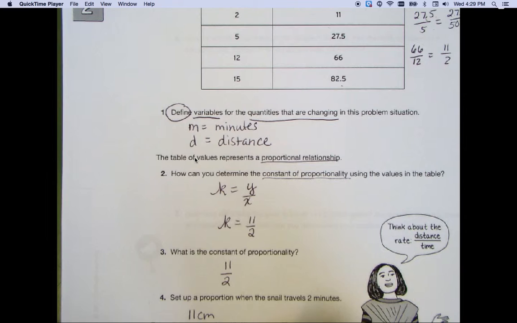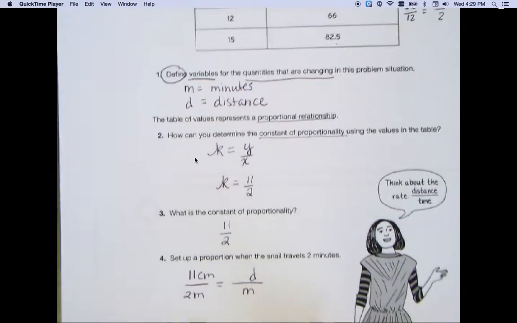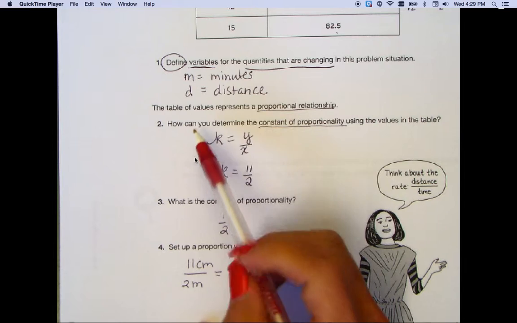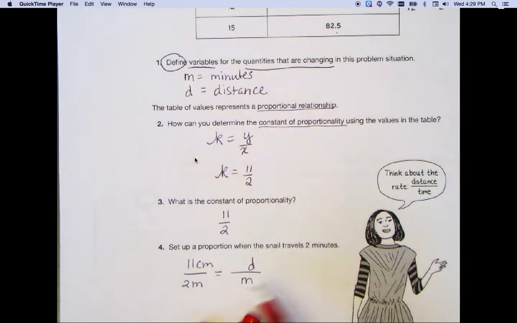And so this would be m, and this is my distance. I'm going to call it d. So I'm using those variables that we defined up here. 11 centimeters is the distance, 2 minutes, m for minutes.